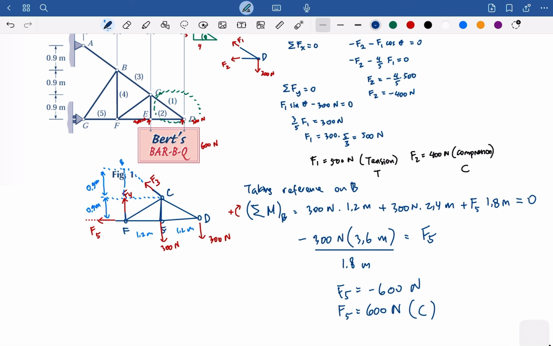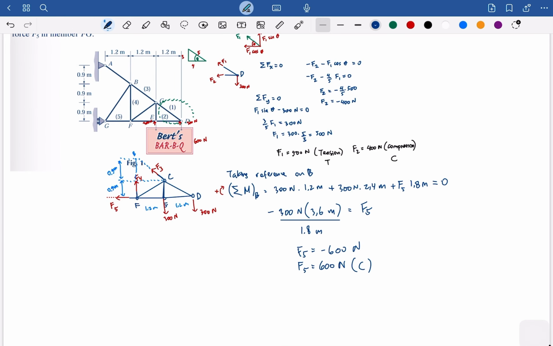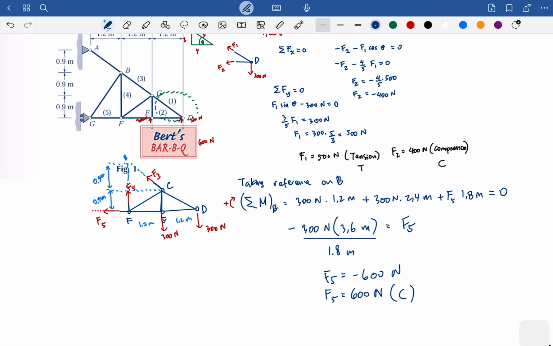So if we want to review what is happening, F1 is tension, and F2 and F5 are compression. Based on the numbers 500, 400, 600, compared with the external load, which is 600, I think the solution still makes sense, right?